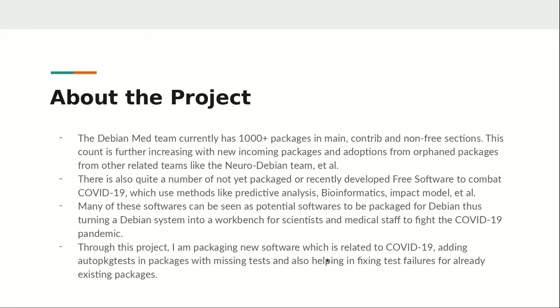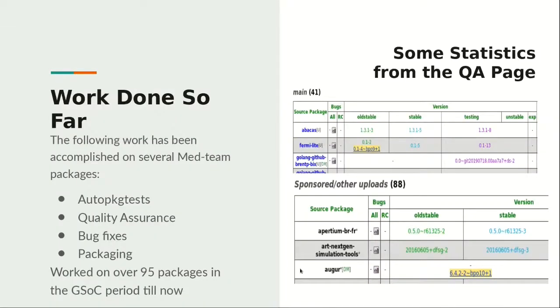Through this project, I'm basically packaging new software, adding autopkgtests, and helping fix test failures, build failures, etc. Work done so far: basically I'm doing these four kinds of tasks on my team packages: adding autopkgtests, that is the CI tests that are being run after the package is installed, quality assurance, basically ensuring that the package is in good shape and is usable, bug fixes.